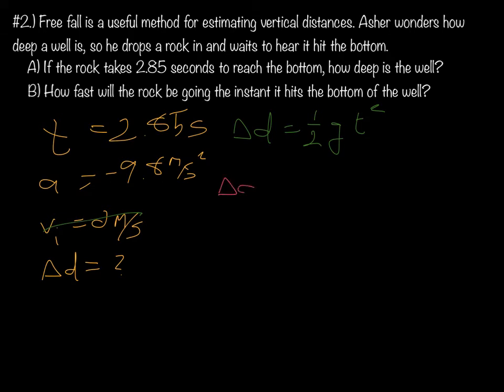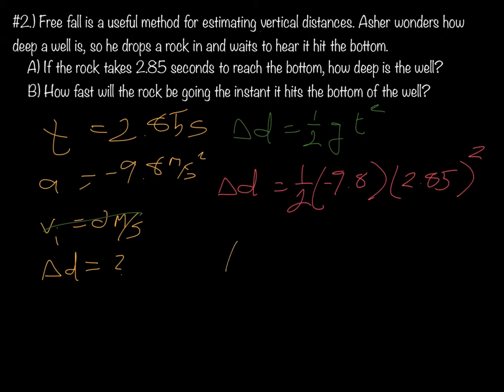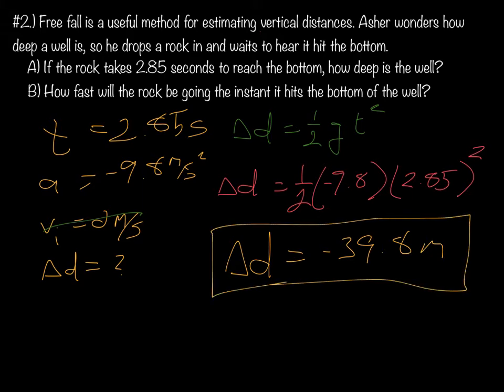So delta D equals 1/2 times negative 9.8 times 2.85 squared. So let's get our calculator and plug that in. And that gives us an answer of negative 39.8 meters. And of course it should be negative because the rock is falling down and it's going below the well.